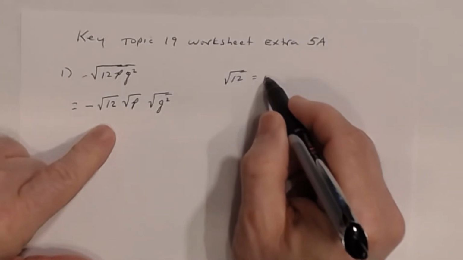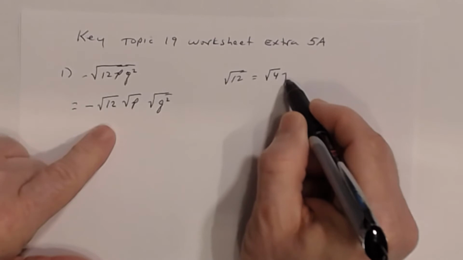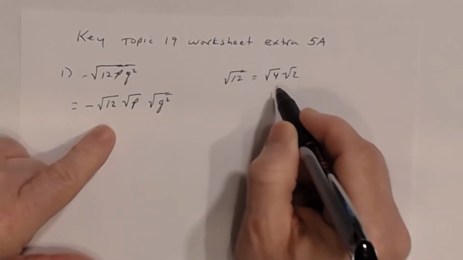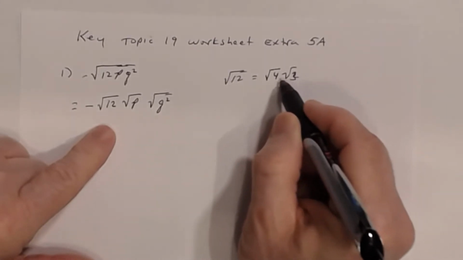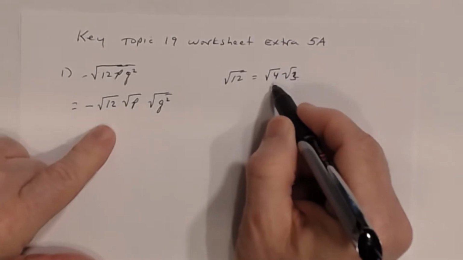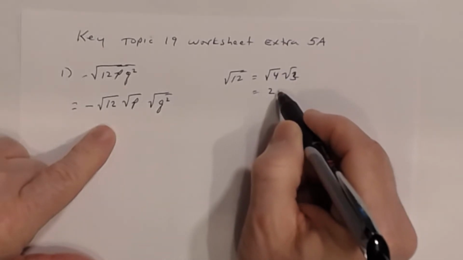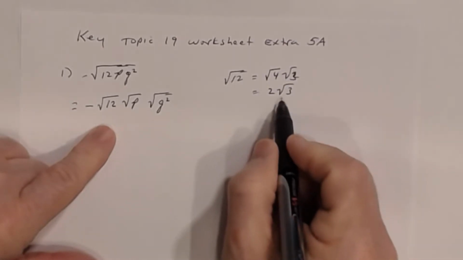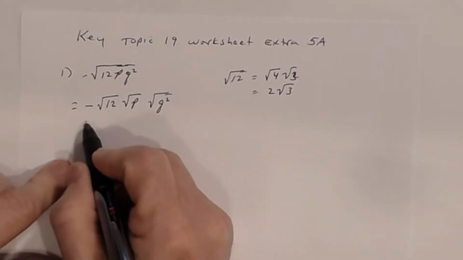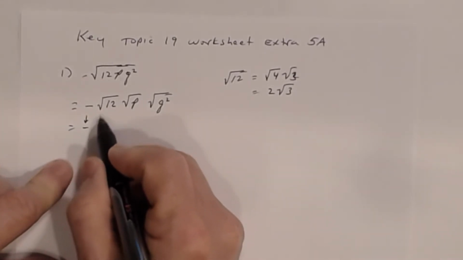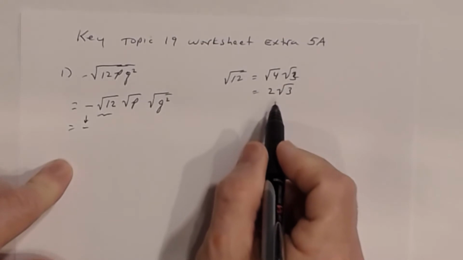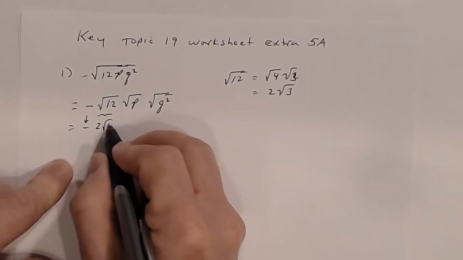So I can rewrite the square root of 12 as the square root of 4 times the square root of 3. And I can simplify the square root of 4 even further. That's just 2, so I get 2 square root of 3. So that becomes negative, and then the square root of 12 is simplified to 2 square root of 3.